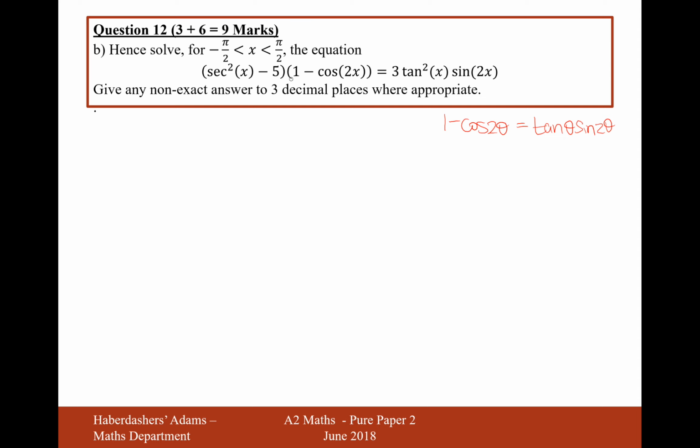Okay, so what I've spotted is that, well, it's not thetas, it's x's, but I've also spotted that I've got 1 minus cos 2x here, which is equivalent to this expression here. So let's substitute that in.